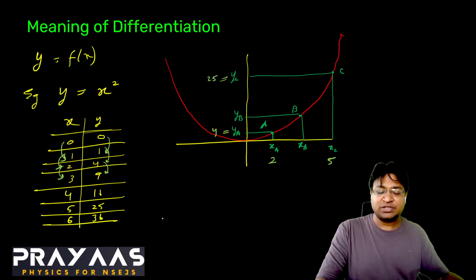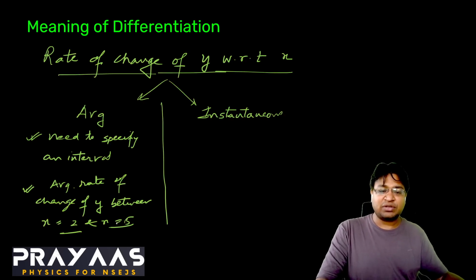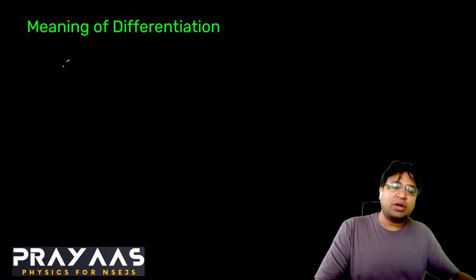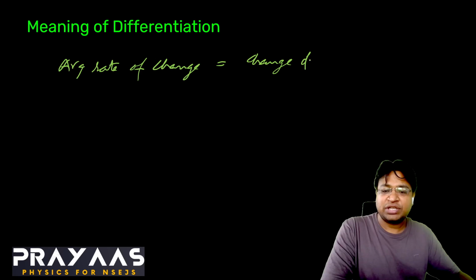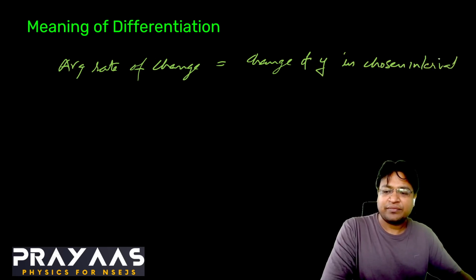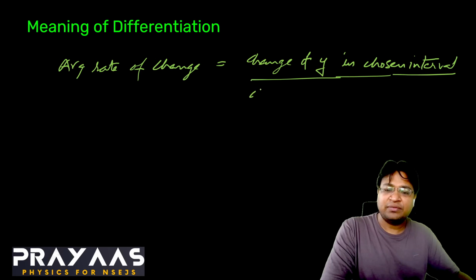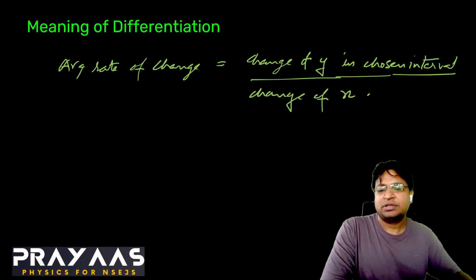So how do we define this rate of change? Let me go to the next page now. The average rate of change is defined as the change in y in the chosen interval divided by the change in x in the chosen interval.